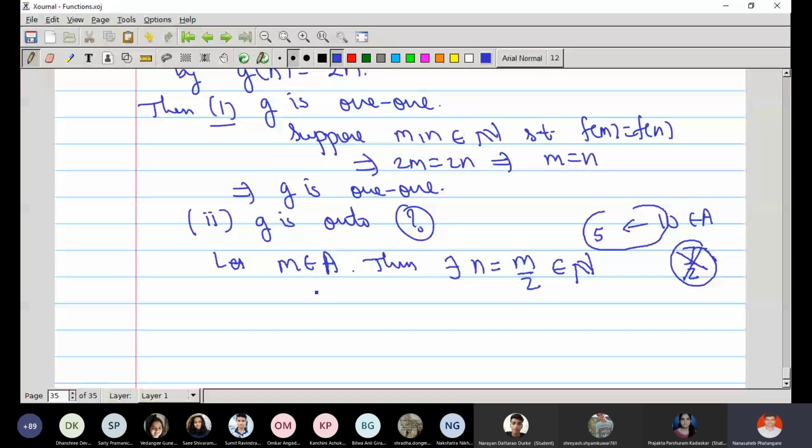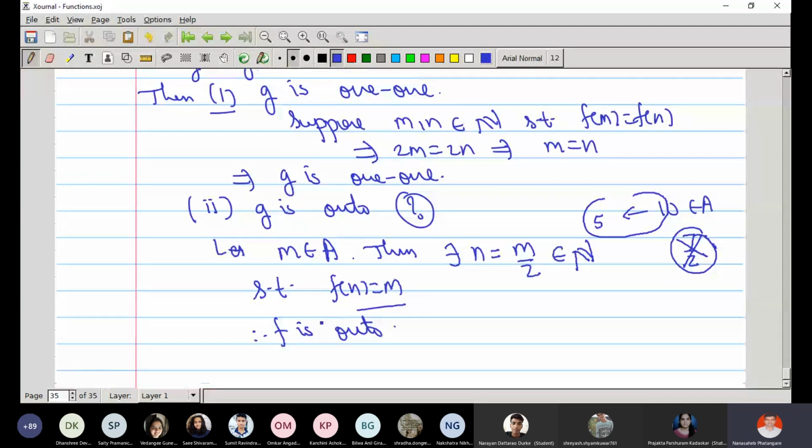So there exists n equal to m by 2 such that f of n is equal to m, and therefore f is onto. And so can we declare that f is a bijection? Yes, sir. Therefore f is a bijection.